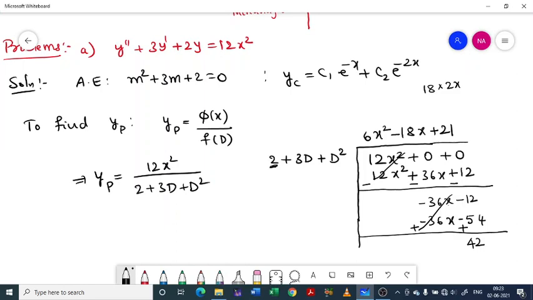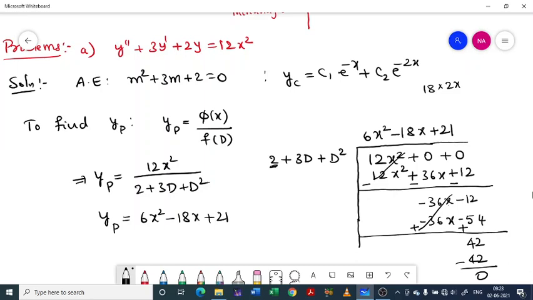Now 21 into 2 you get 42. 21 into 3D, derivative of 21 is 0, 0 into 3 you get 0. So these two get cancelled. Subtracting, you get 0. So yp is 6x square minus 18x plus 21.